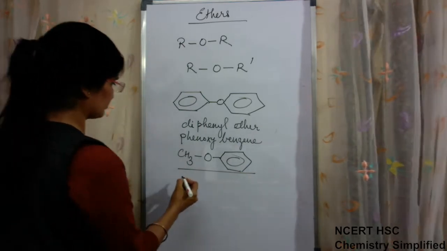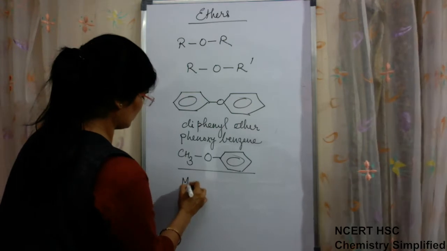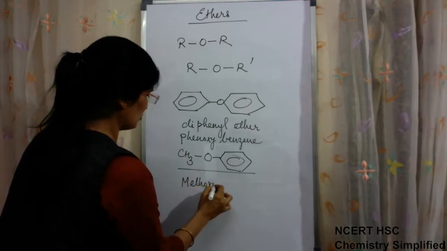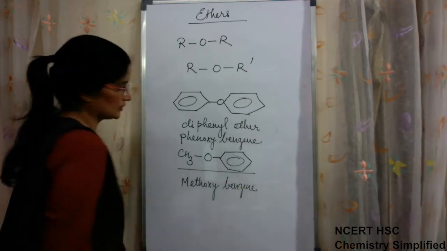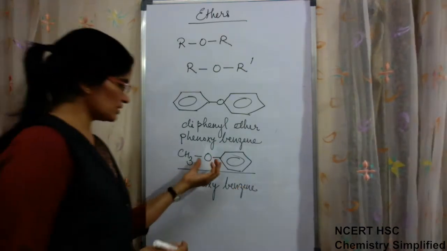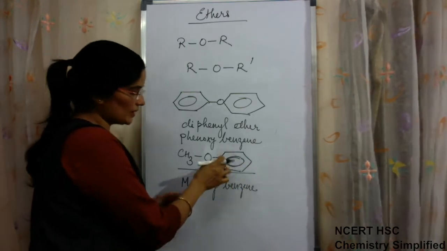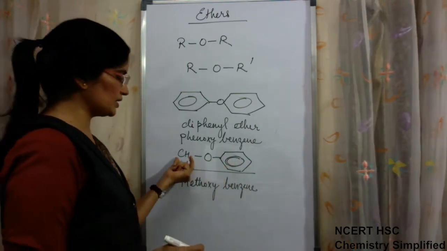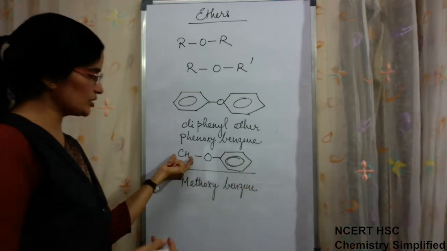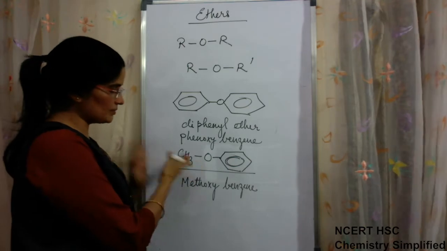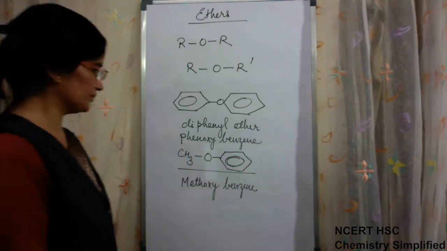In this case, IUPAC we will write methoxybenzene. Why methoxybenzene? Because the number of carbon atoms in the alkyl part is not more than in the ring, so the name will still be on the name of benzene. If the chain here is longer than 6 carbon atoms, say 7, then it will become phenoxy and whatever is here. Okay.